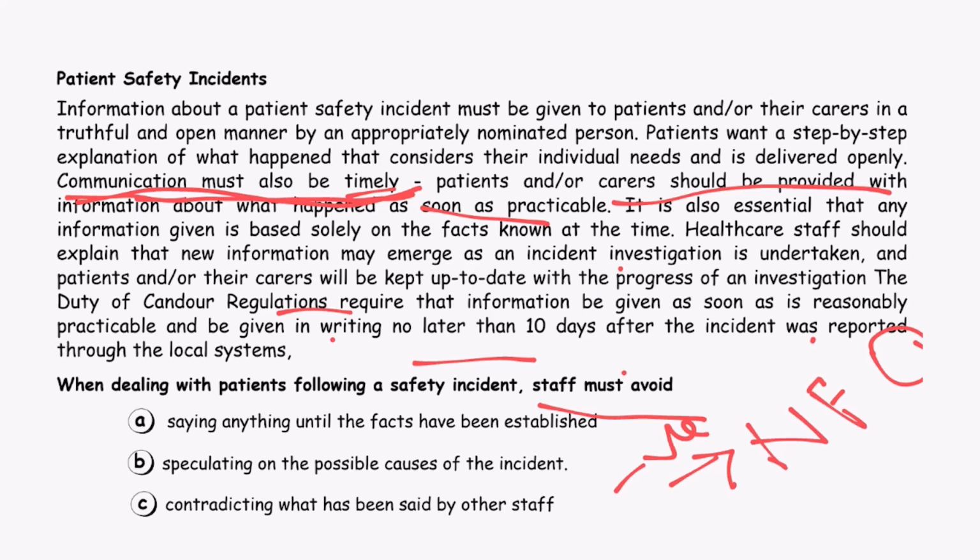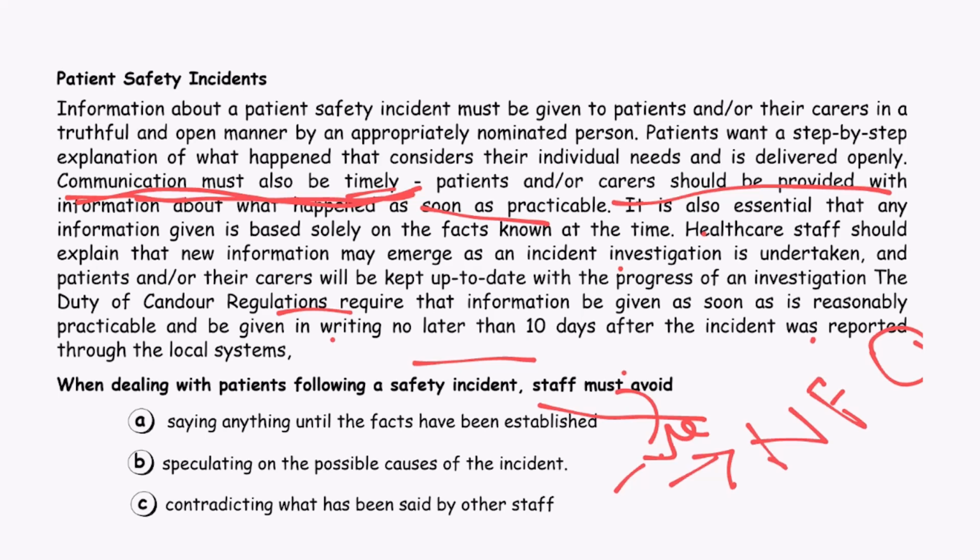Staff must avoid saying anything until facts have been established, which means we are supposed to not say anything until the facts have been established. This is direct contradictory information to what has been mentioned in the passage. Okay, so when following an incident, we have to select the most appropriate one. So you can keep it as a query. Let's deal with it later.